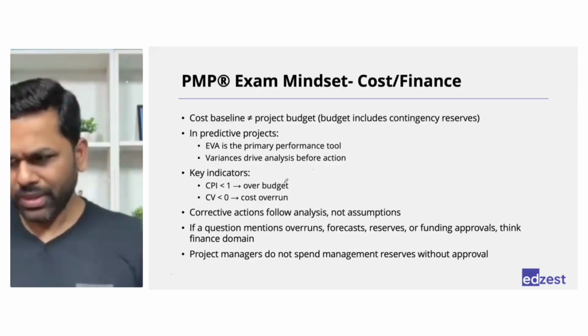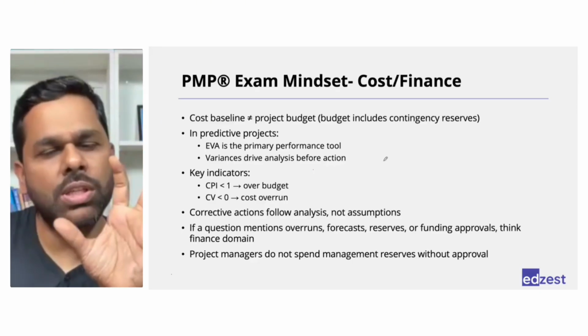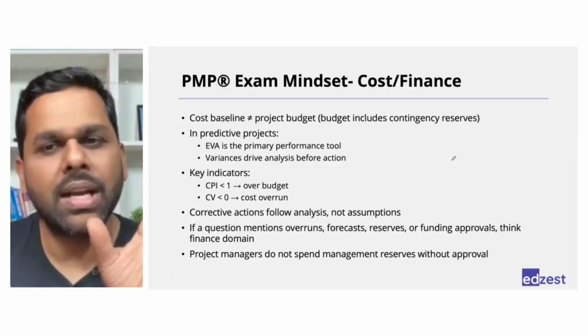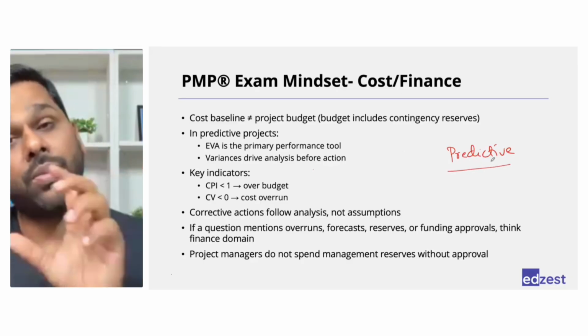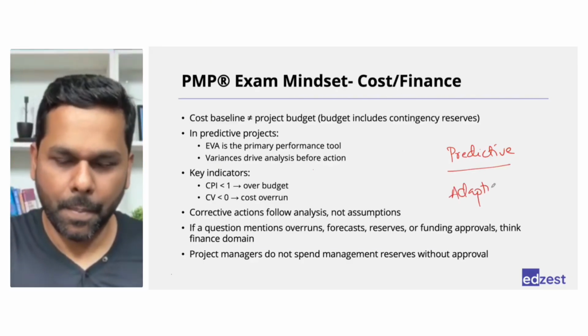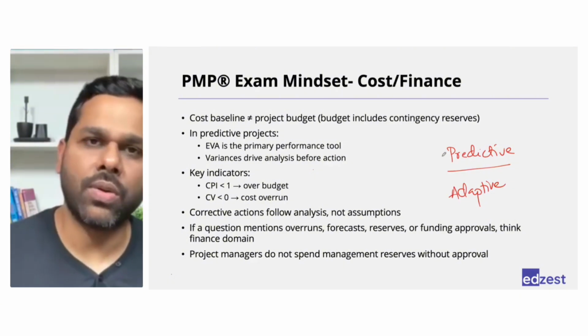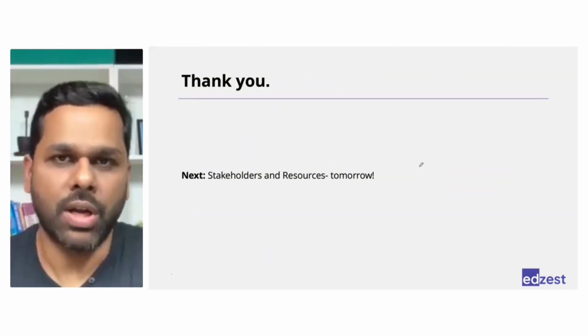So tomorrow, when we discuss stakeholders and resources, we will focus on those specific things related to the predictive approach. And when we meet next week, we will talk about adaptive, which is agile. So tomorrow we'll discuss stakeholders and resources, and the day after tomorrow, we'll talk about risk.